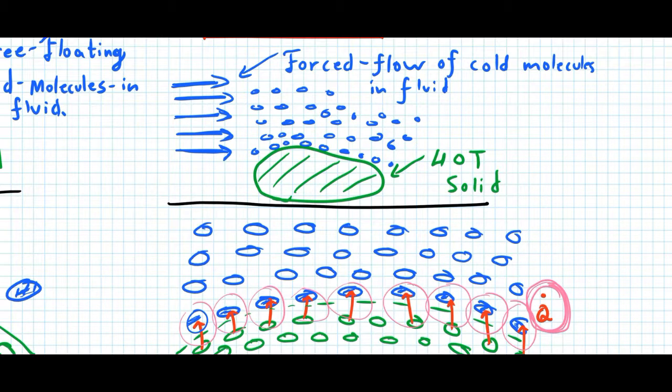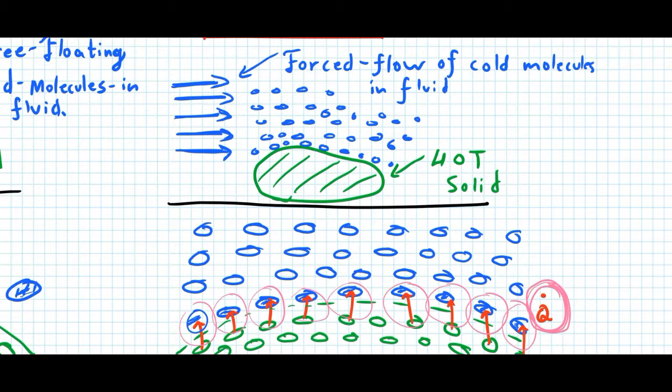But we can also change the flow such that each of these blue molecules are in contact with the hot green surface for a longer period of time by forcing the blue molecules to move slower.